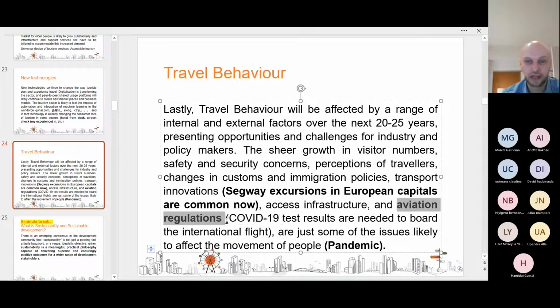Aviation regulations like COVID-19 test results are needed to board international flights. Also, international tourists are expected to be quarantined, to be isolated for at least 2 weeks. Again, it depends on the specific country, and now it is quite common when you are traveling to another country that you read the information about international arrivals rules in accordance with the regulation for COVID-19.